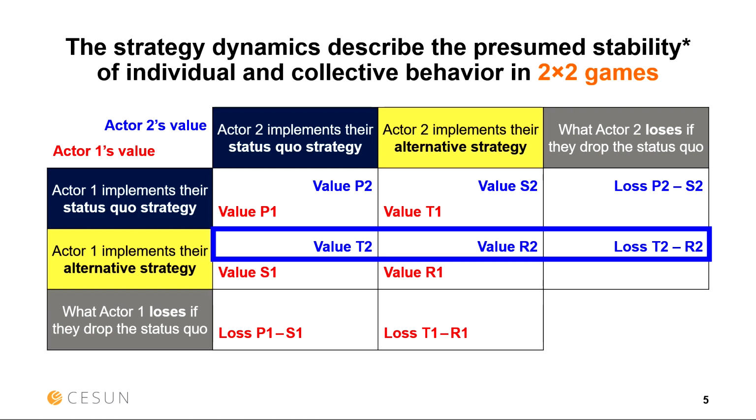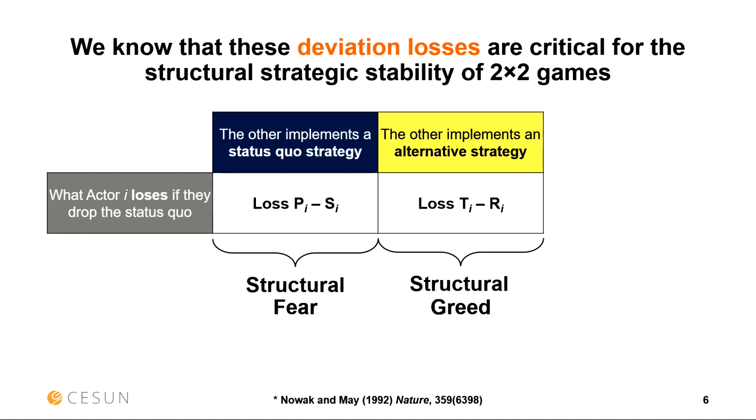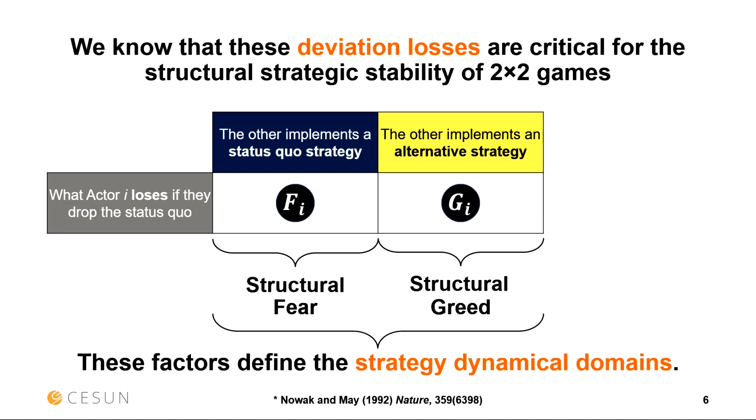We assess these deviation losses because we know from the literature that they are critical to understanding the strategic stability of these 2x2 games. These deviation losses are called structural fear and structural greed, FNG for short, and the combinations of positive and negative values of these structural factors characterize 4 primary strategy dynamical domains.